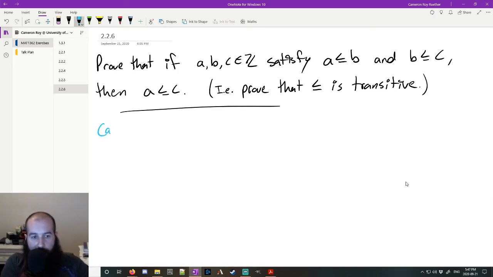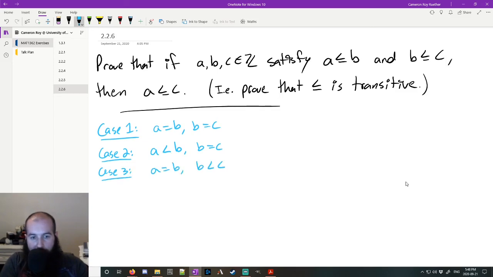So we can have case 1, a is equal to b and b is equal to c. Case 2, a is strictly less than b, b is equal to c. Case 3, a is equal to b and b is strictly less than c. And case 4, strict inequalities on both.